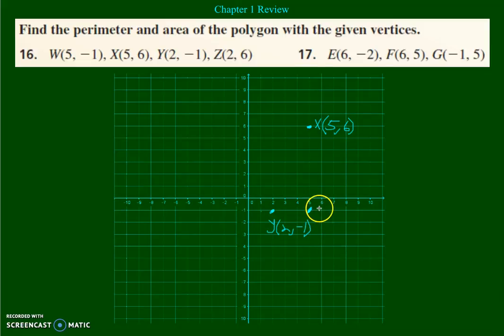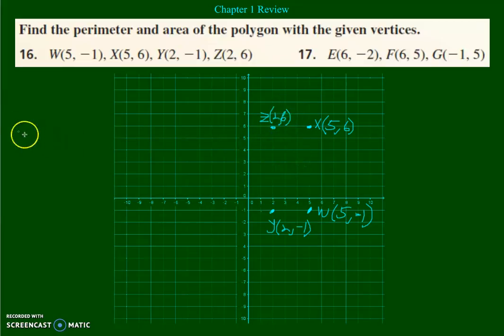This one was w, which is 5, negative 1. And the last point, z, which is 2, 6. Okay, so nothing terribly exotic.